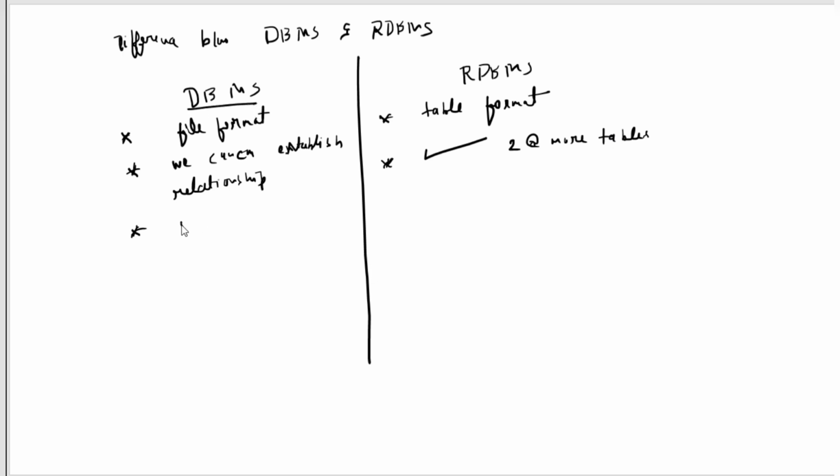DBMS stands for Database Management System. RDBMS stands for Relational Database Management System.